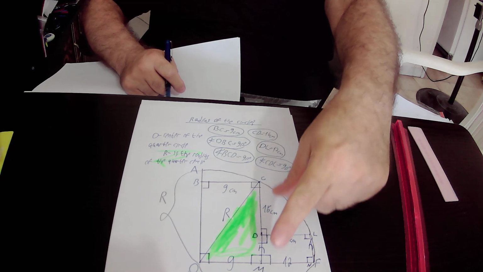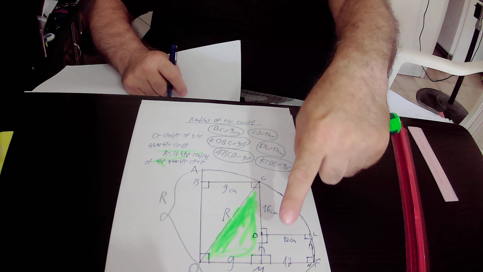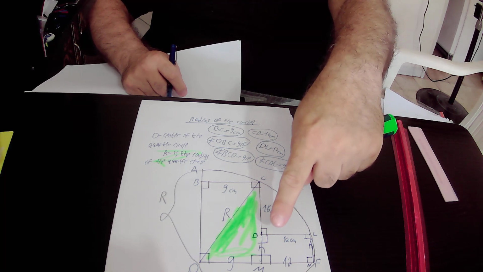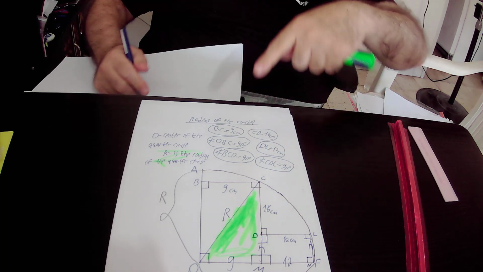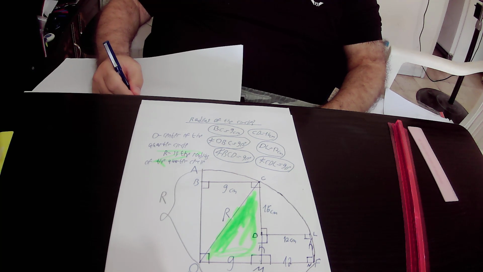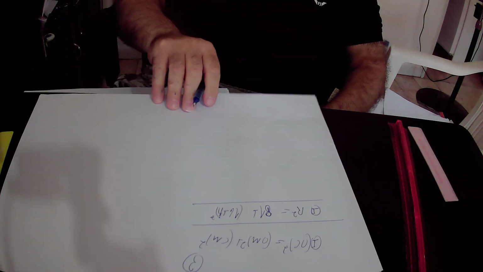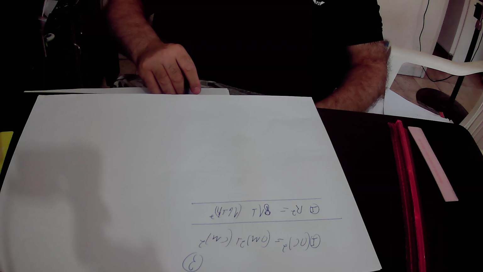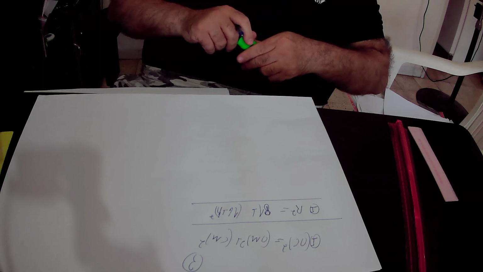CM equals CD plus DM, that is 16 plus H. So CM square will be equal to (16 plus H) square. So according to equation number 1, R square equals 81 plus (16 plus H) square. This is equation number 1.